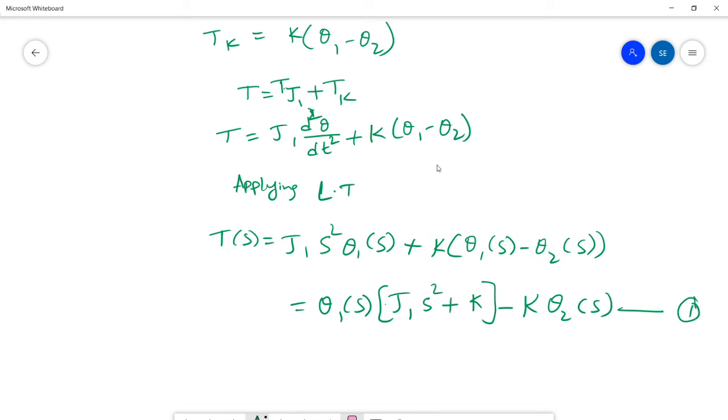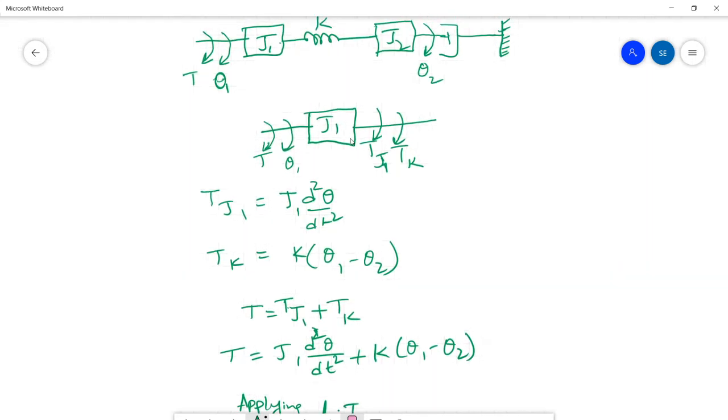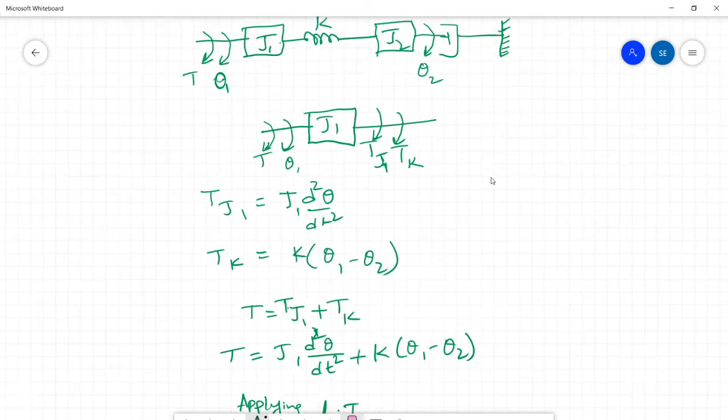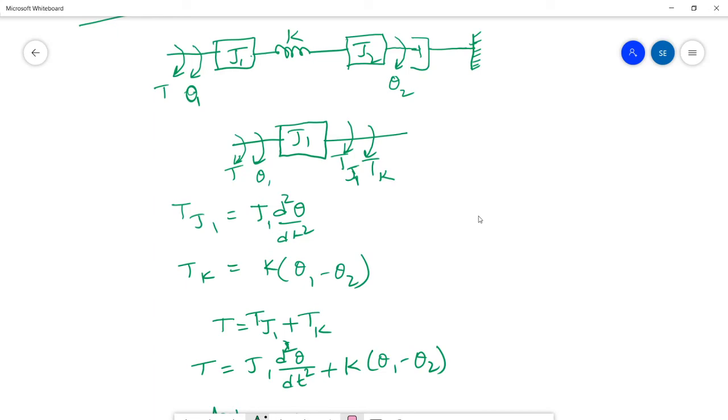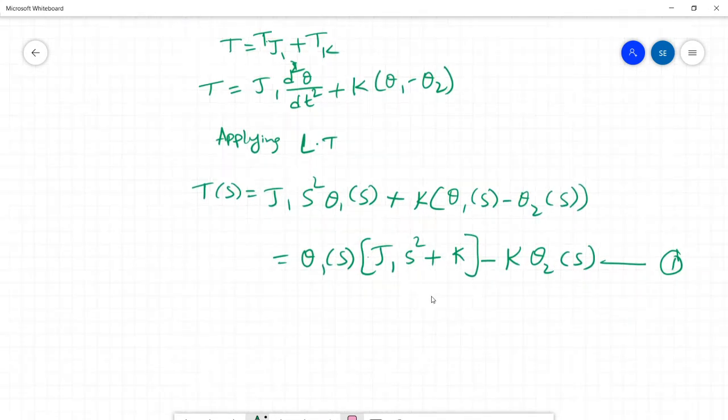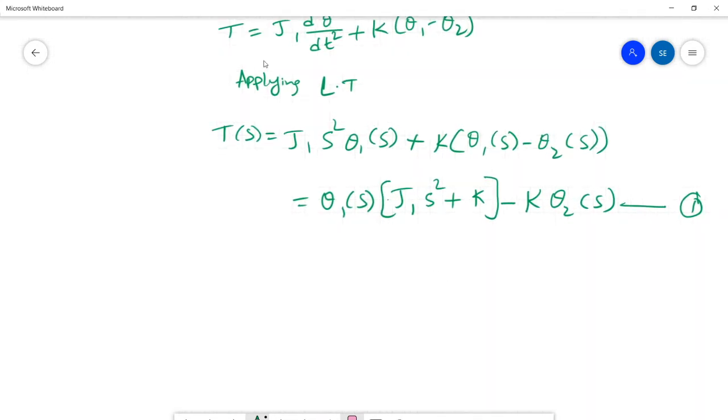Now you can see we have drawn the free body diagram for J1. Now we have to draw the free body diagram for J2. What are the torques acting on J2?